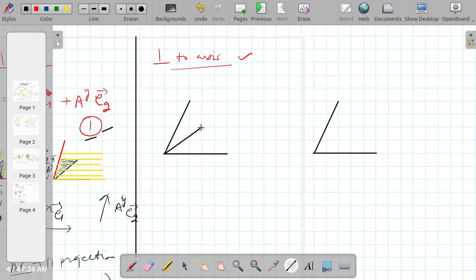And say this is a vector which I'm trying to project. So light is coming perpendicular. If light is coming perpendicular to the x-axis, then it looks like this. The light rays are coming in this way.